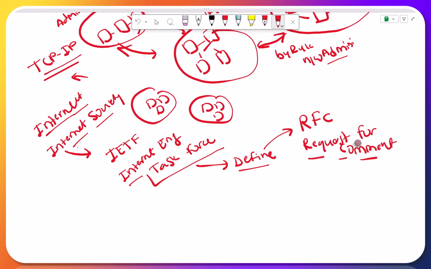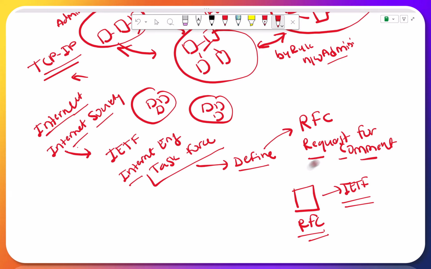Now, for example, you have a very innovative idea that this way the internet should behave, or this innovation you want to propose in HTTPS, something like that, right? So what you can do, you need to create an RFC, okay, and send it to the IETF.